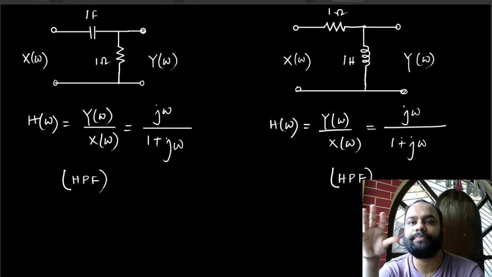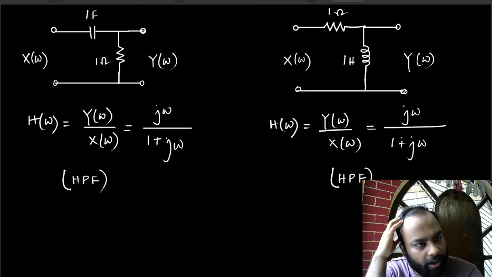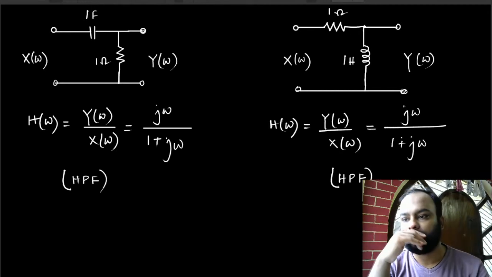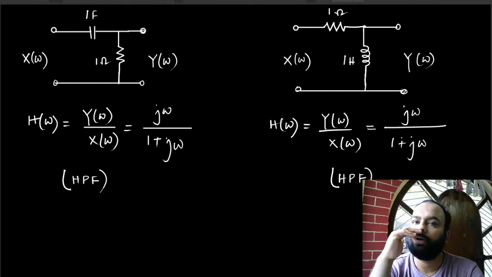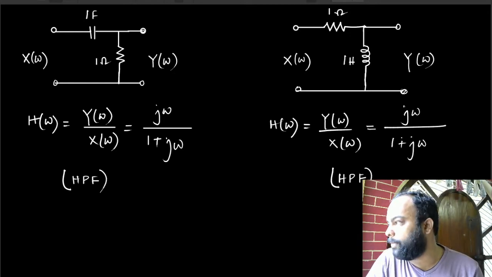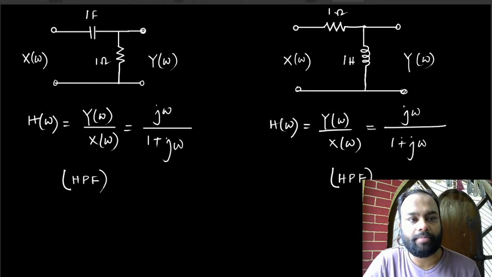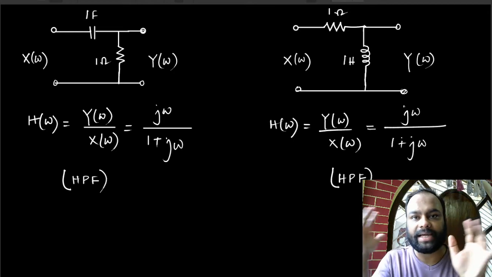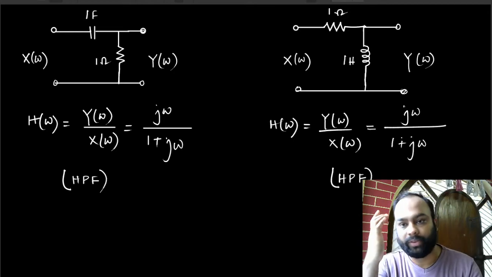If you think there are some differences, try to figure those out, because the behavior of these circuits will be identical, both in terms of frequency and time domain responses, everything, because they have the same impulse response, same frequency response. But is there any subtle difference between them?